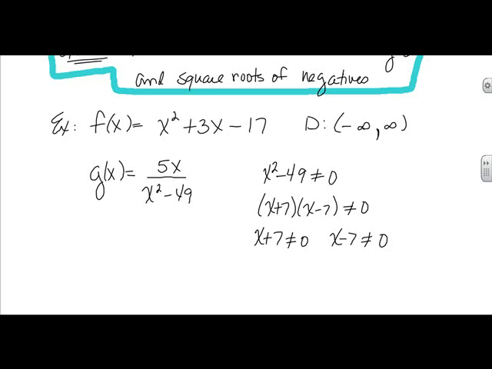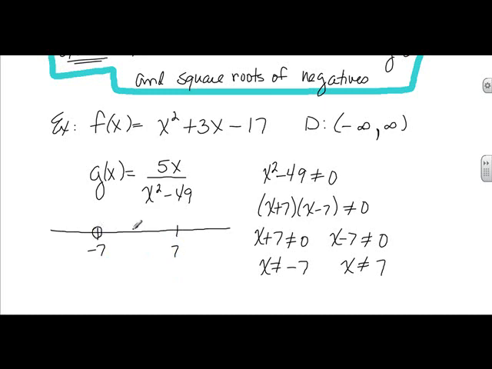So from that, we can conclude that x should not be negative 7. X should not be positive 7. But any other value of x is okay. So if we're talking about all real numbers except negative 7 and positive 7, I'm going to show you this on a number line. It makes it a little bit easier to see.